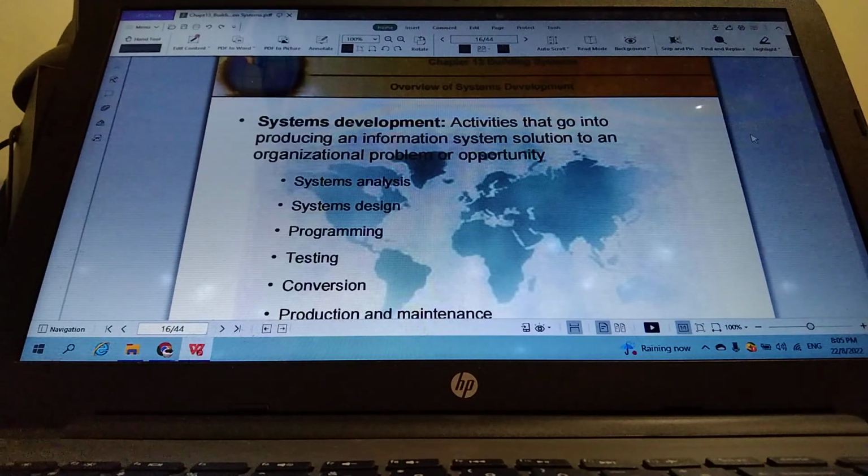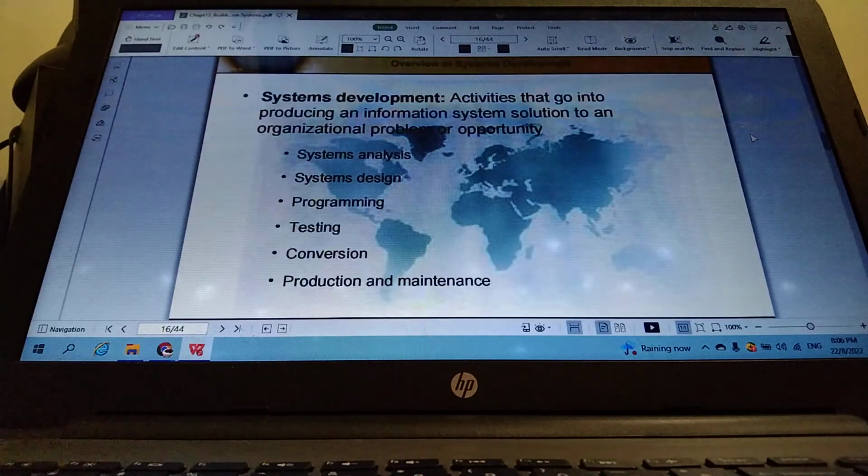Once the programming tasks are completed, which we will see in detail later, testing needs to be done. There are various levels of testing that we will be talking about shortly in order to complete the information system development tasks. And next will be the conversion. Conversion here means the implementation method.